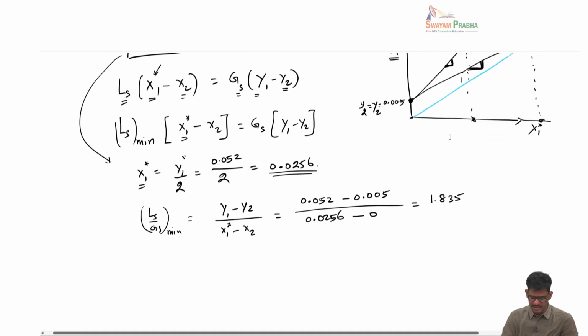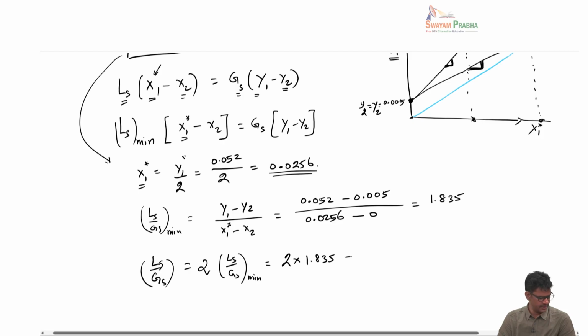But the actual flow rate is twice the minimum. So then you have to do 2 times 1.835, and this becomes 3.67. So that would be the slope of this line.